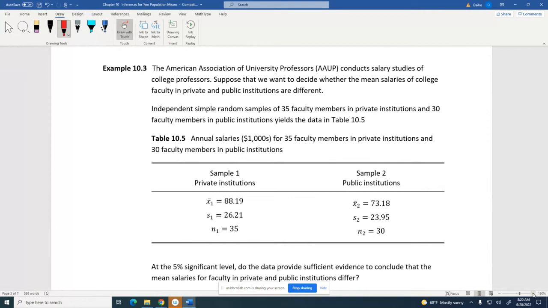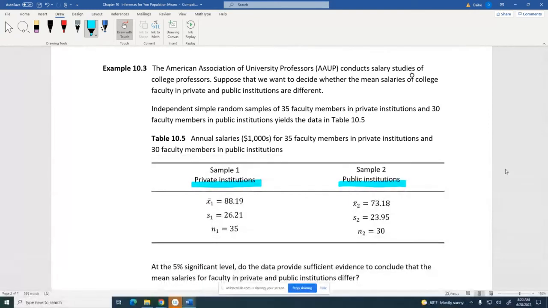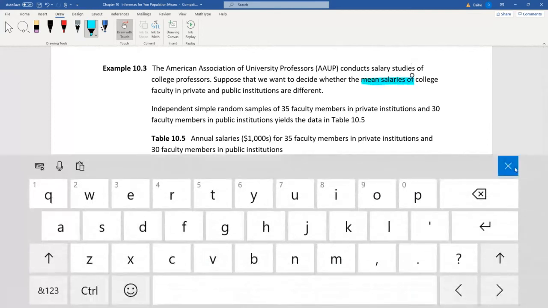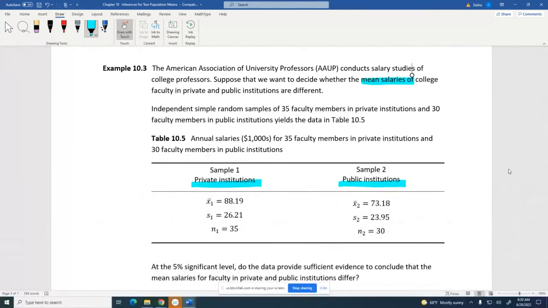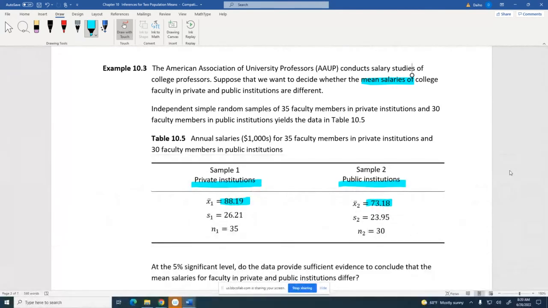In this example, we have two independent groups. One is the private school, the other one is a public school. And we compared the mean salary of the college faculties. Absolutely, the mean from the private school is more than the public school, right?